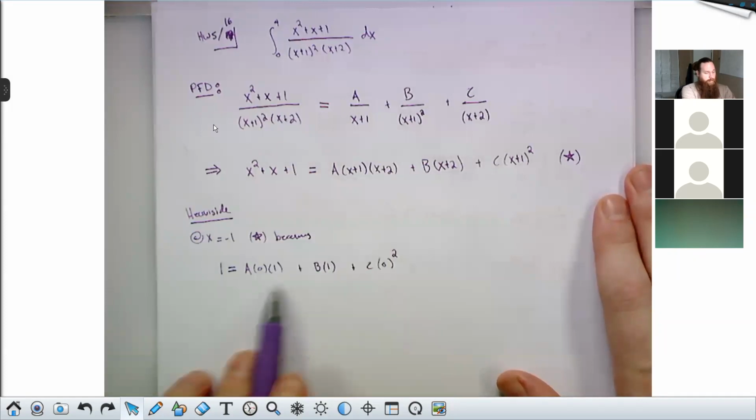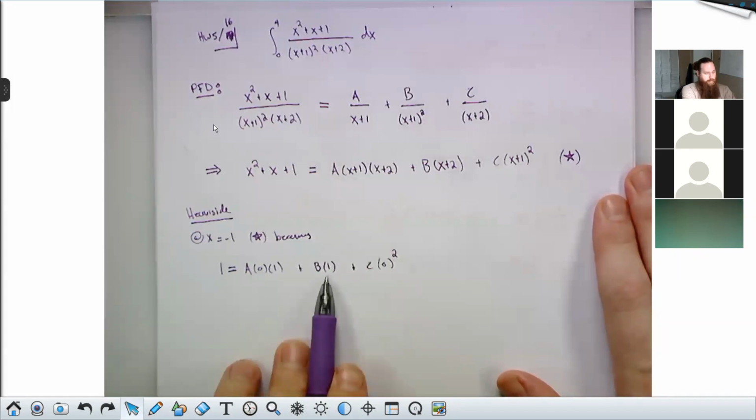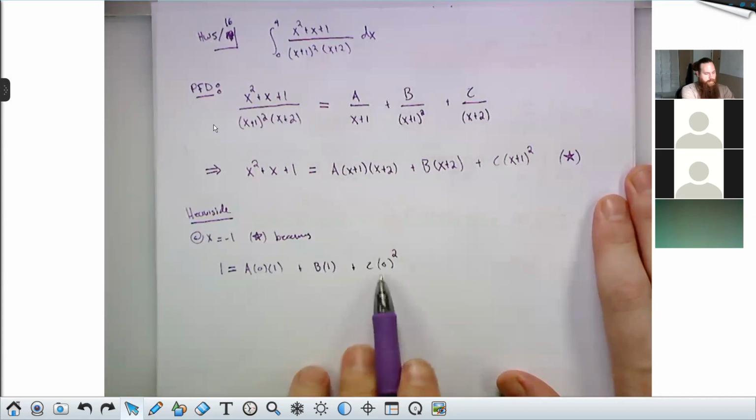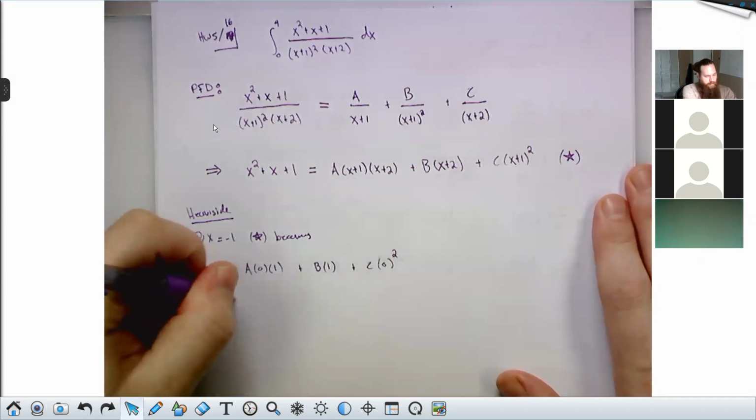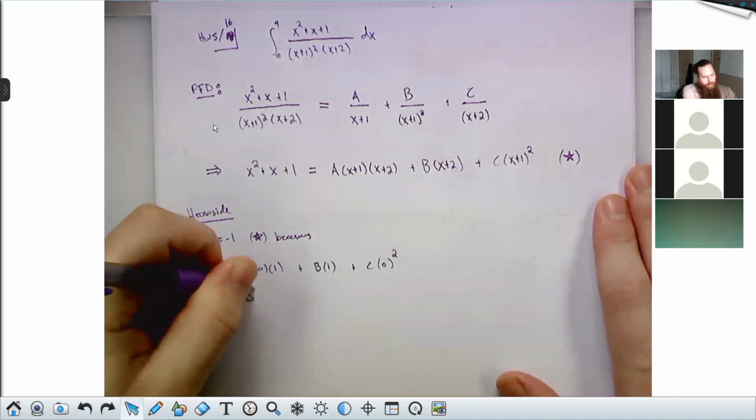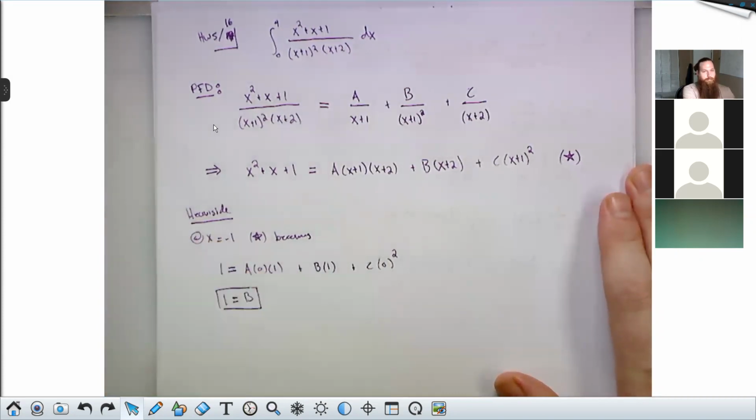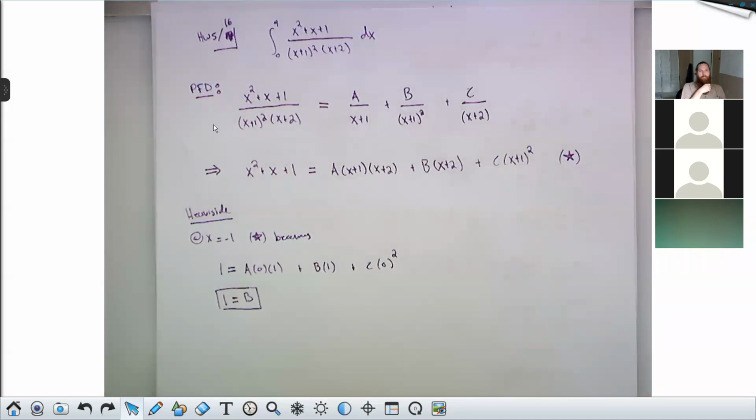This is just the statement 1 equals b, right? That 0 times a and 0 times c. So boom, immediately I get the value of b out. Extremely clever and extremely fast.